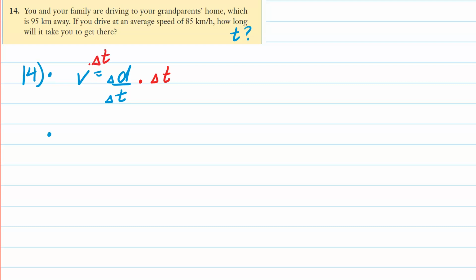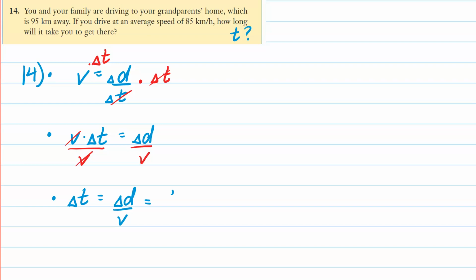As a result, on the left side, we'll have V multiplied by delta T. On the right-hand side, we will have delta D. And then our goal, remember, is to get time by itself. So then we would divide both sides by V. We'll see that on the left side, the V on top and bottom cancel out. You're left with delta T equals delta D divided by V. And that's the formula you can use for your answer.